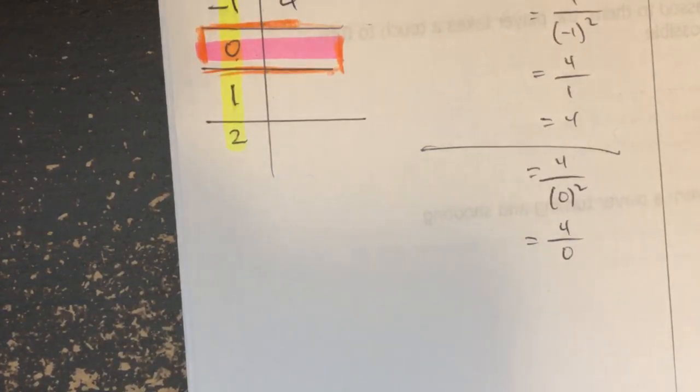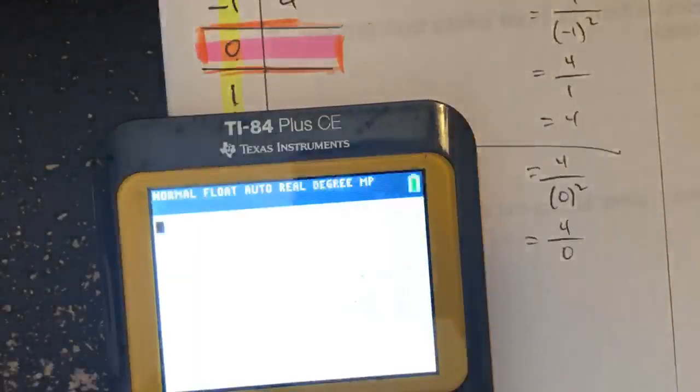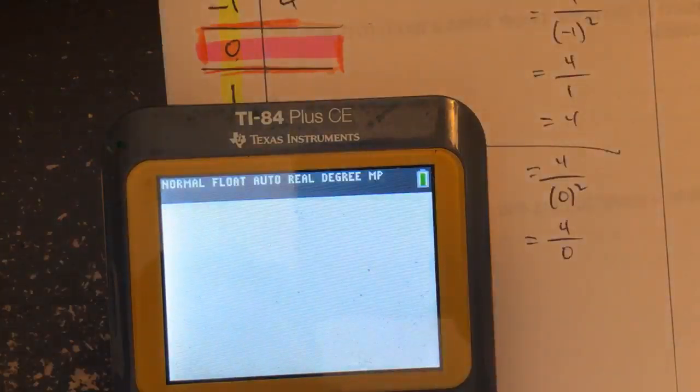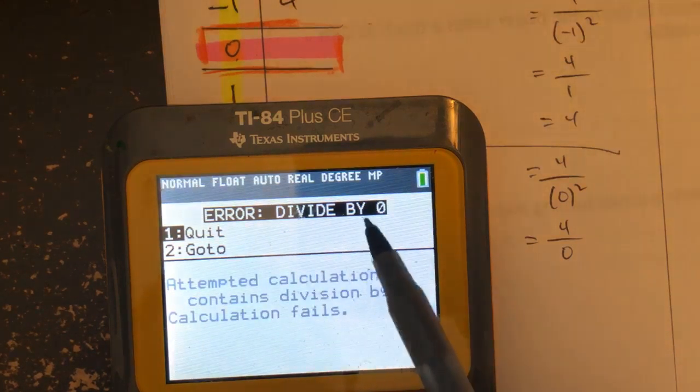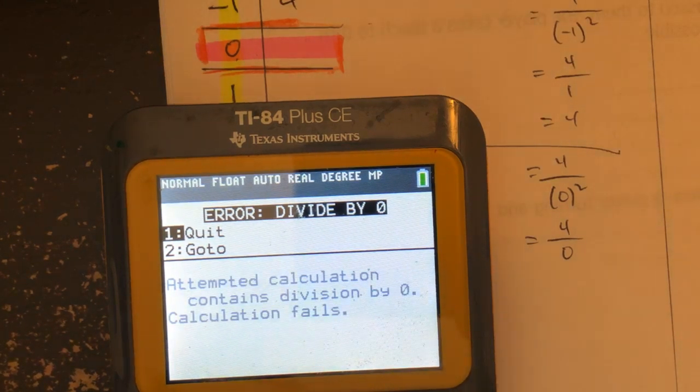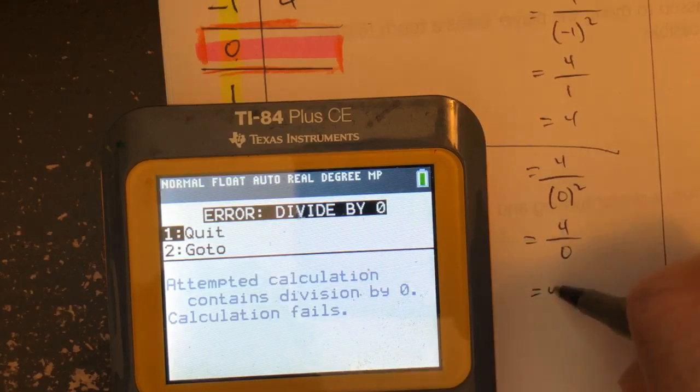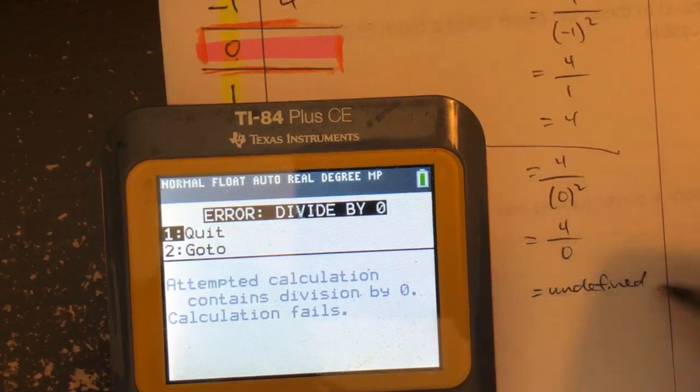So let me pull up a calculator. Please feel free to put this simple problem into your calculator so you know. 4 divided by 0. Error. Can't divide by 0. Okay, why? Because it basically means undefined. What does undefined mean? It is a vertical asymptote.